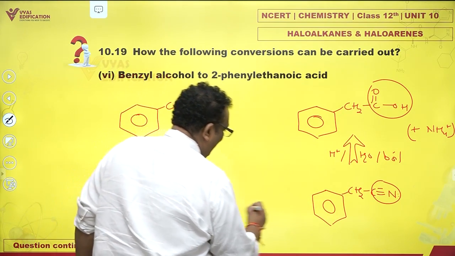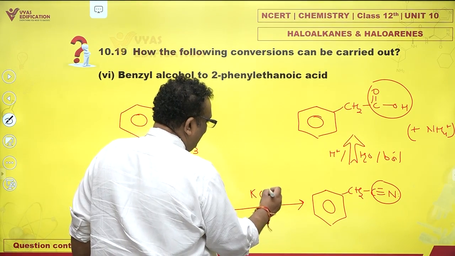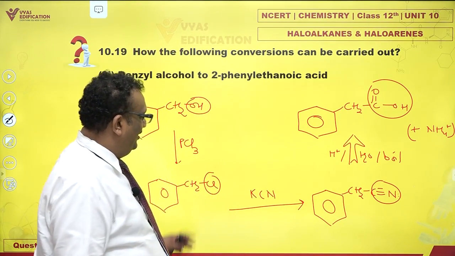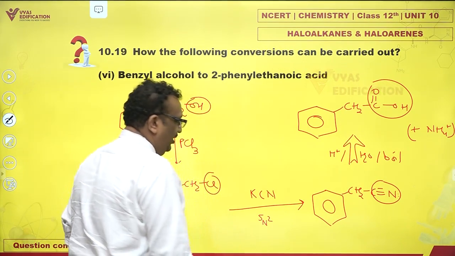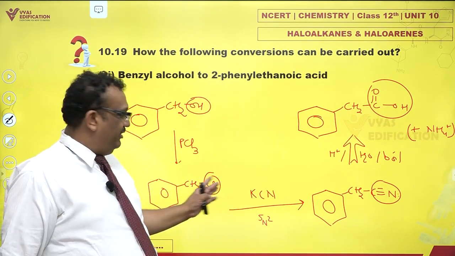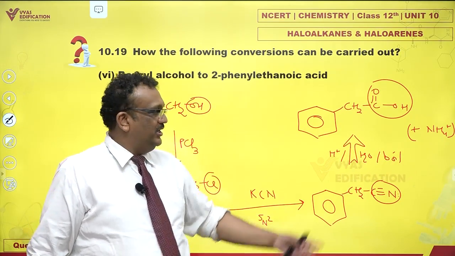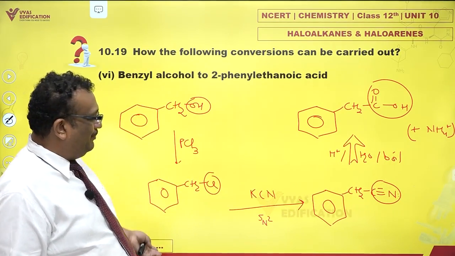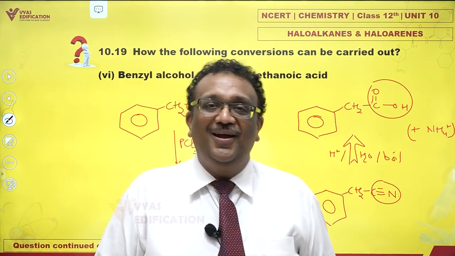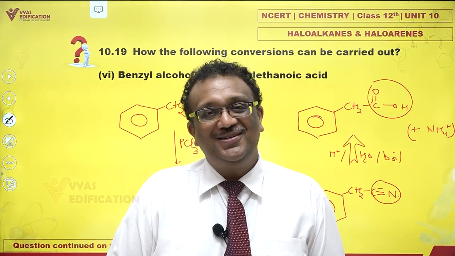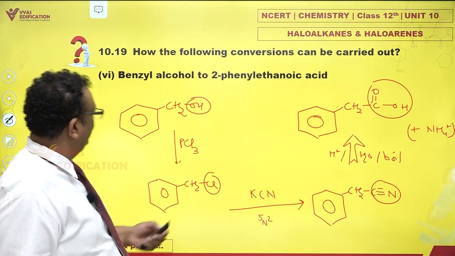Come on. Let's not be ashamed. Simply add potassium cyanide. SN2 attack, classic substitution, very easy and very beautiful. I would get, it's a strong nucleophile, potassium cyanide, chloride changes to cyanide. 3 steps. Add PCl3, potassium cyanide, followed by acid and boiling, and you get your desired product. This is the method.